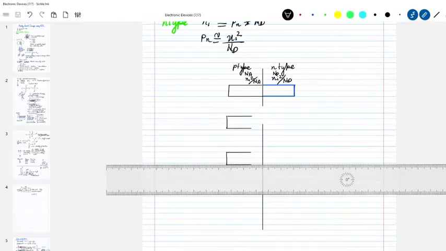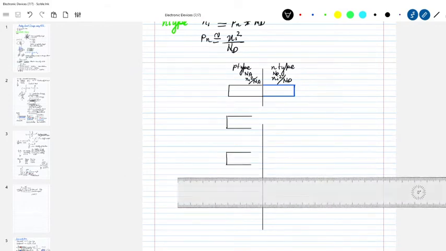Okay, now what is going to happen is when you put them together, the energies on both sides have to balance. That means that their Fermi levels will come together.